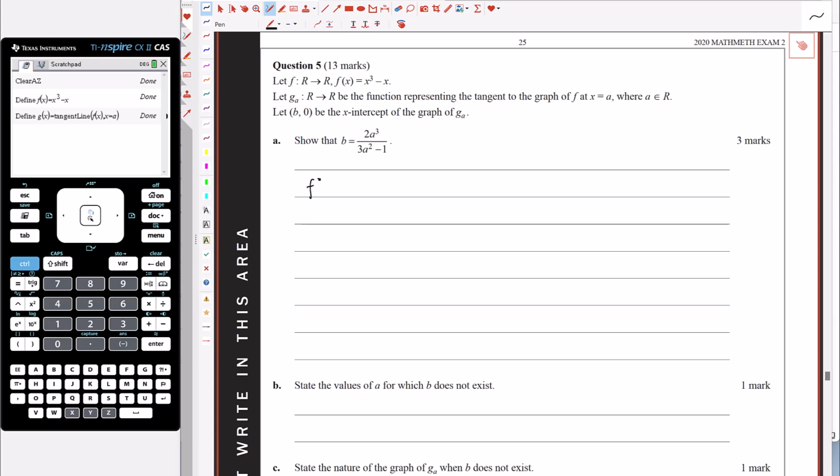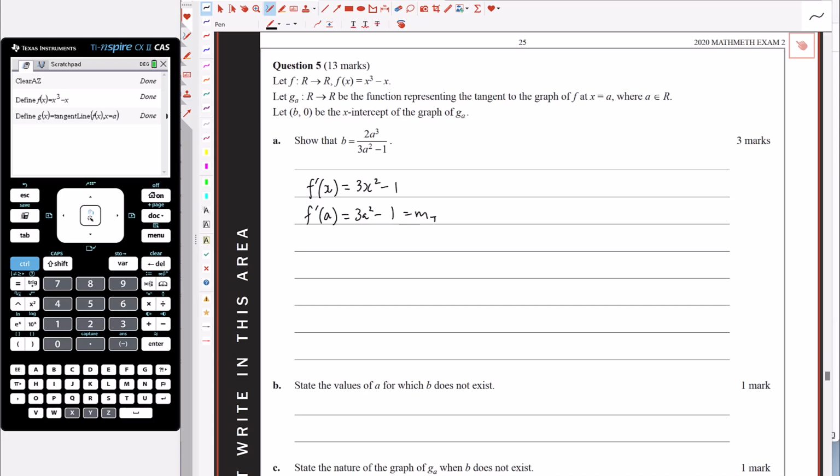So let's do f dash, the derivative of f, because we'll need the gradient of the tangent. That's going to be 3x squared minus 1. The derivative of f at x equals a is 3a squared minus 1, and that's the gradient of my tangent.